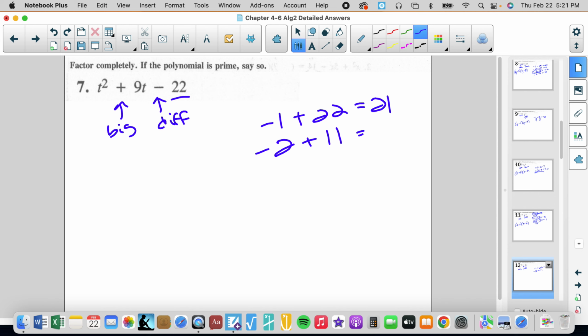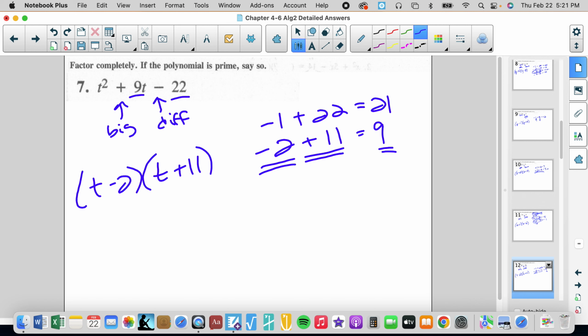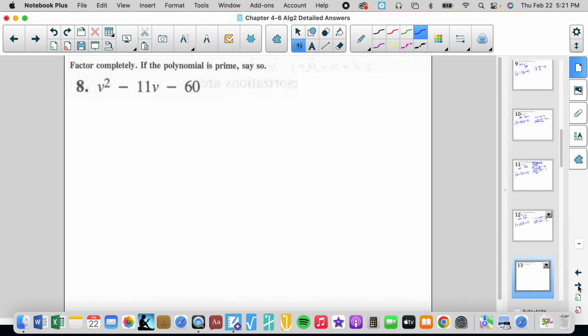That makes 21. That makes 9. 9 is my middle term. So we get t minus 2 and t plus 11. I'm just taking those factors and putting them in my binomial.